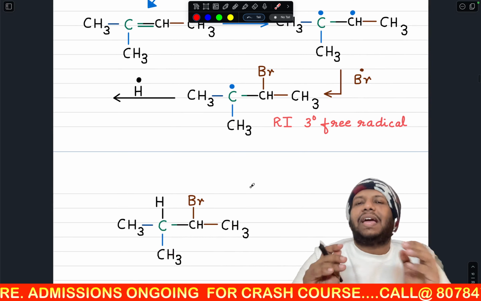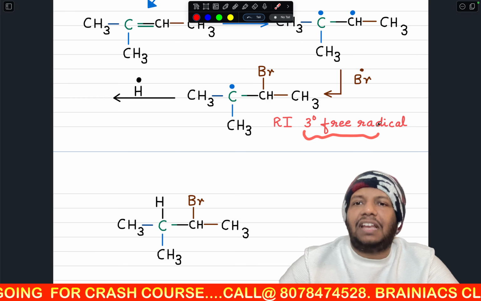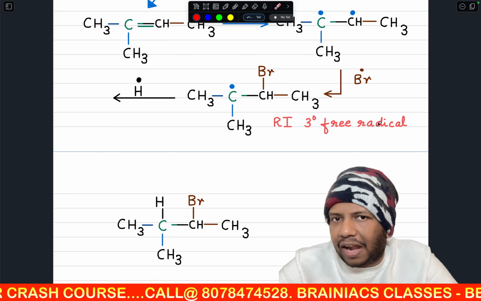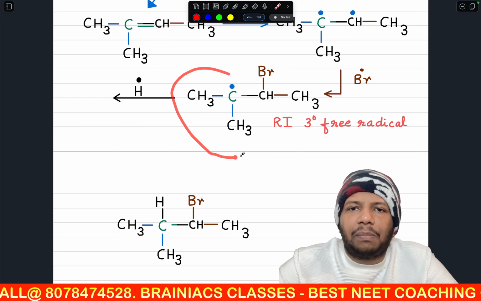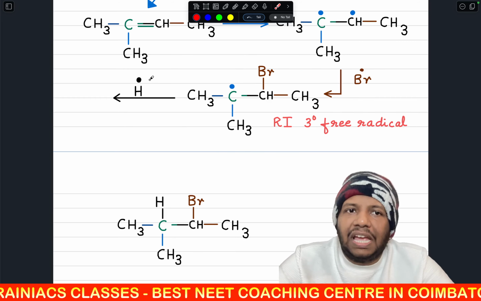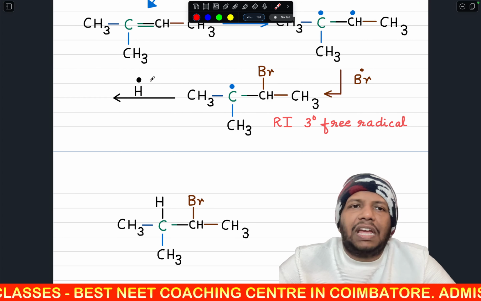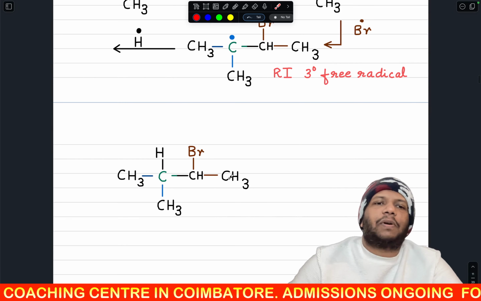We know that on comparing the reaction intermediates, in the case of a free radical, a 3-degree free radical is more stable than a 2-degree free radical. And that is the reason why Br is approaching here and forming an intermediate which is 3-degree in nature. Okay, I hope you understood the logic. And the next one is H dot. H dot will come and join here, and this is how you are getting this particular product.